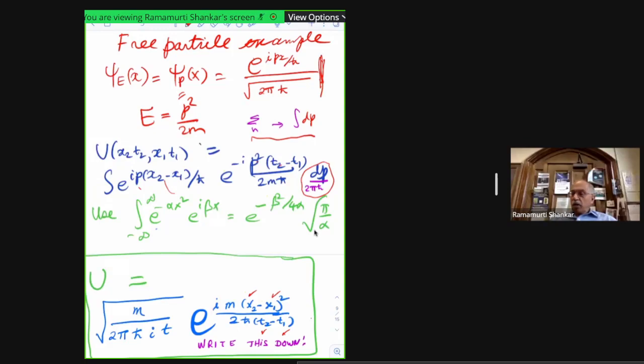That's the point. But instead of writing a formal sum, here's a concrete function. So take a minute to look at it, and you should write this down. It's going to be very important. I'll give you a second to grab a piece of paper and write down the propagator for a free particle.